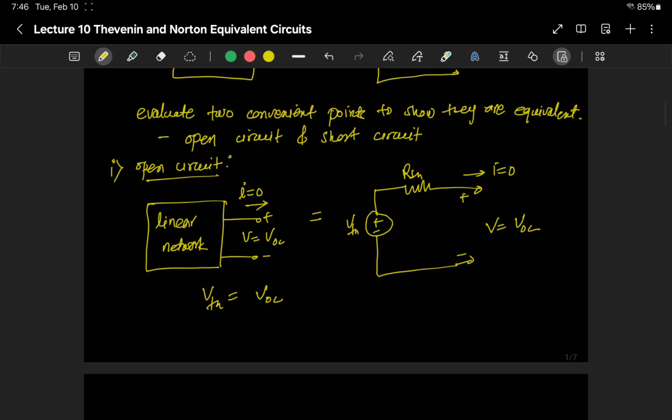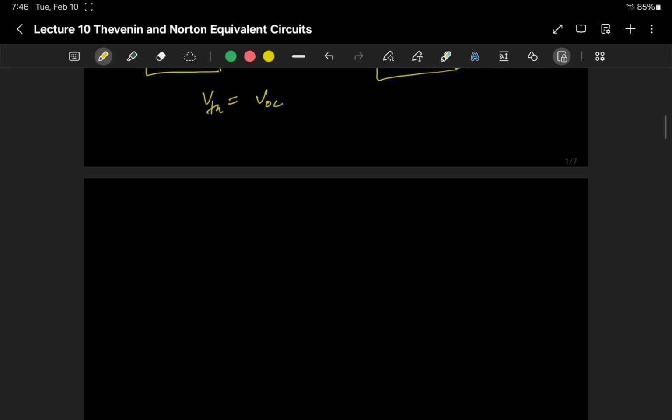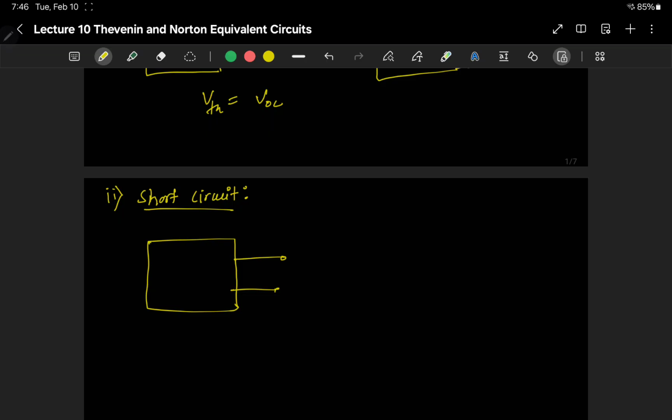Okay, so for further analysis, we need to look into the short circuit condition. Second is short circuit. In the short circuit, from the electrical perspective, we know that voltage is 0, right? So in the linear network, let's say this is our one port and we short circuit this.